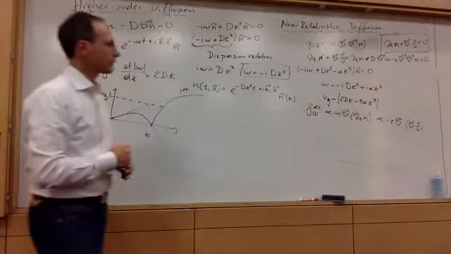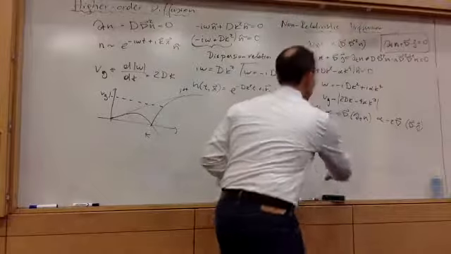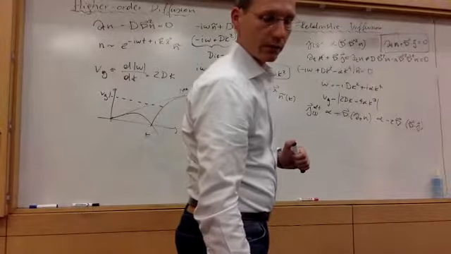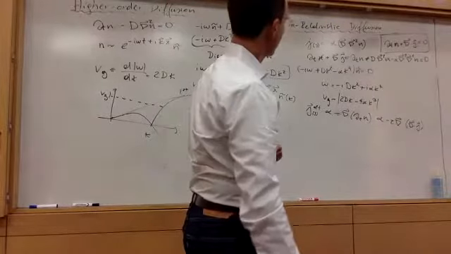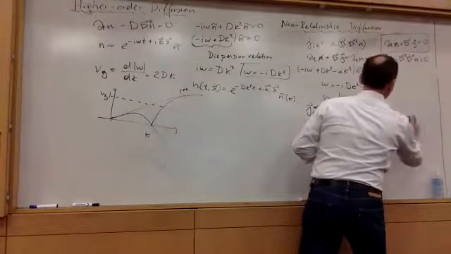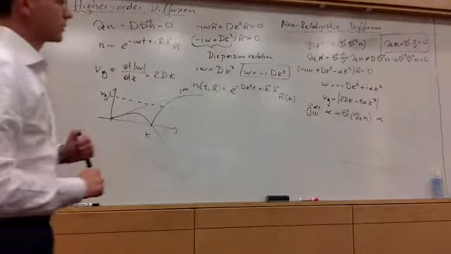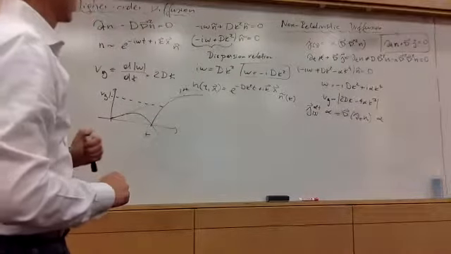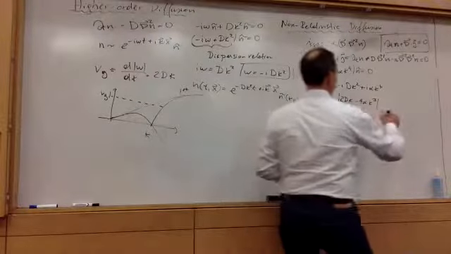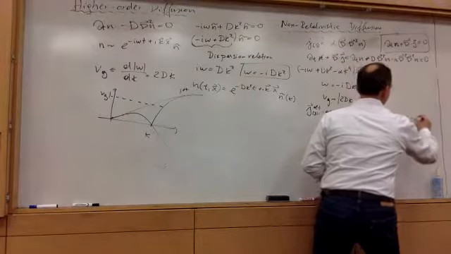Wait a minute, no, that's not what I wanted to do. What I want to do is write this as dt gradient of n.